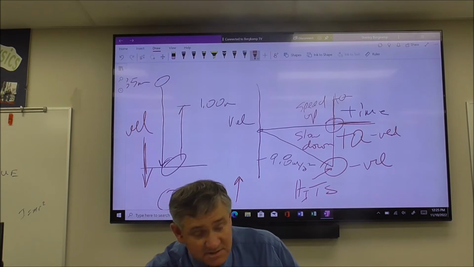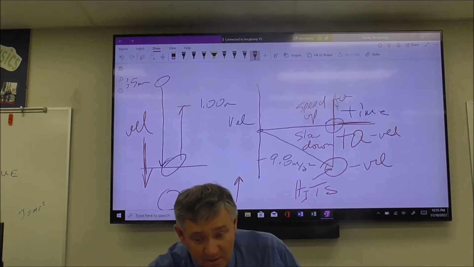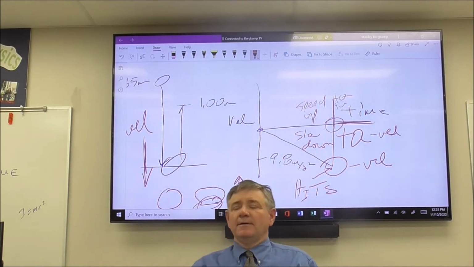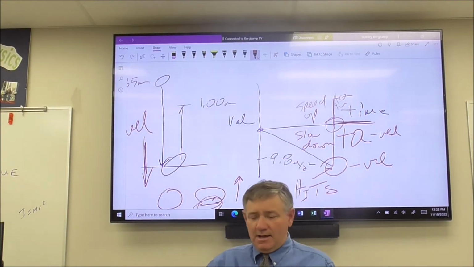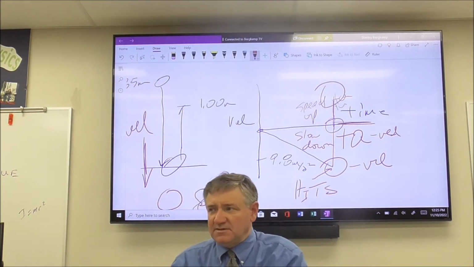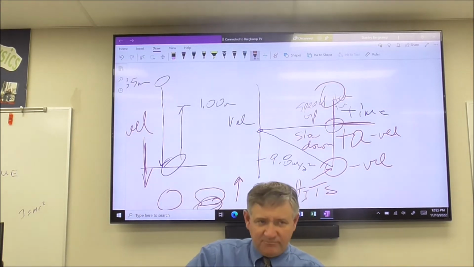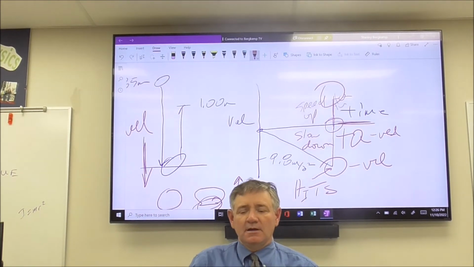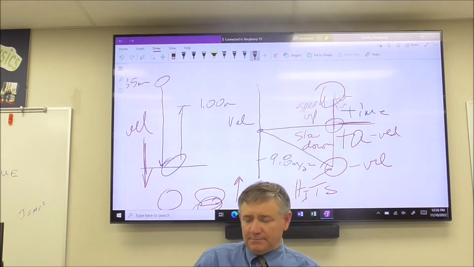Positive. What's the sign of my velocity? Positive. Now I'm going to speed up. Now, at this point, the ball is going to leave the ground. Fly, be free. It's out of here, right? So at that point, the ball is going to leave the ground.